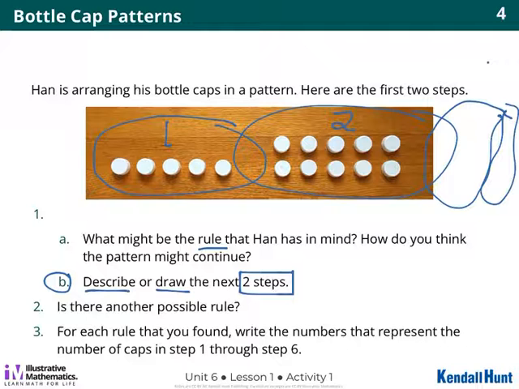Okay, anyway, is there another possible rule? So is there more than one rule? Yes. For each rule that you found, write the numbers that represent the number of caps in step 1 through step 6.